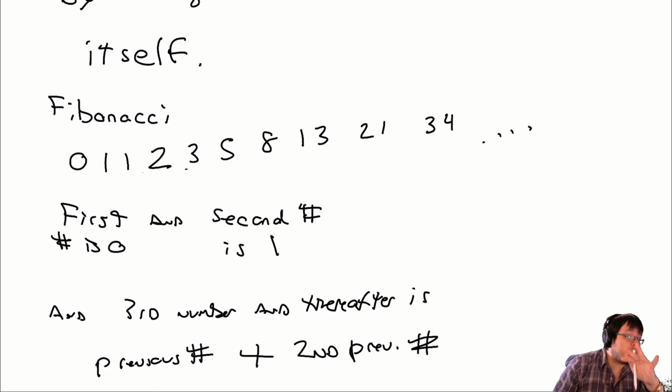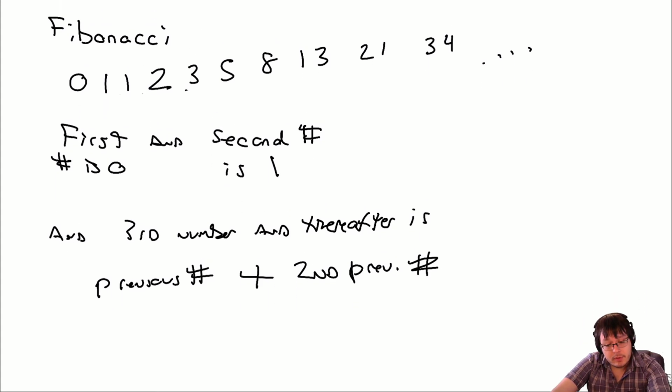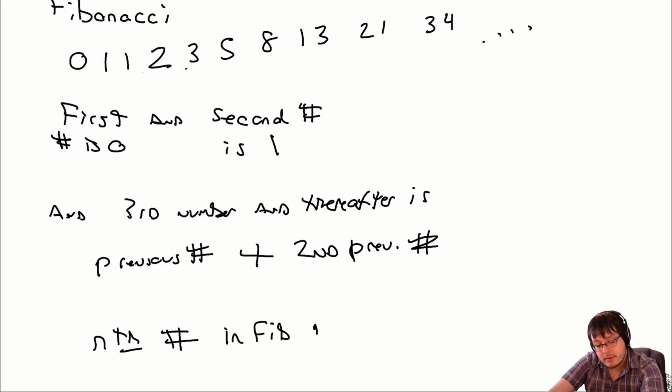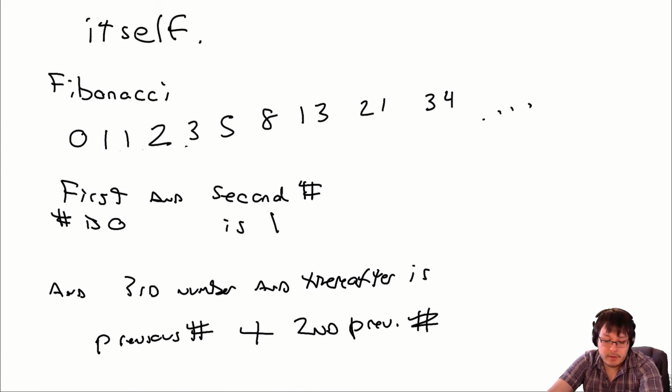What if I told you to write a program that can compute the nth number in the Fibonacci sequence? By that I'm saying, for example, we're going to say this is the 0th number, 1, 2, 3, 4, 5, 6, 7, 8, and 9.